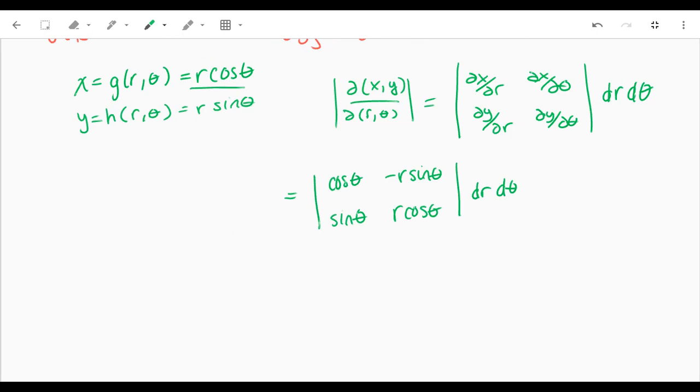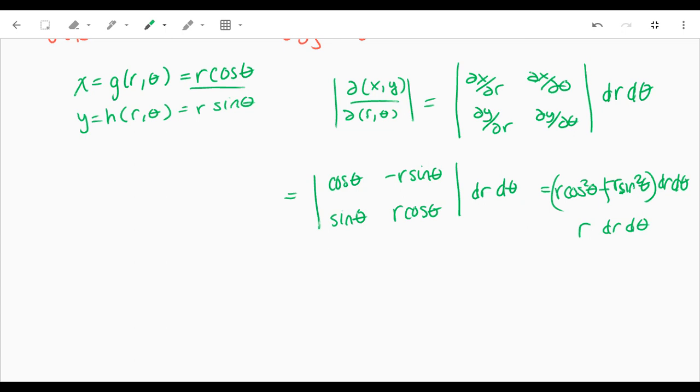So this is going to be r cosine squared theta minus negative r sine squared theta. So that's plus. So that's just r dr d theta. There's that extra r that we always put into our polar integrals.